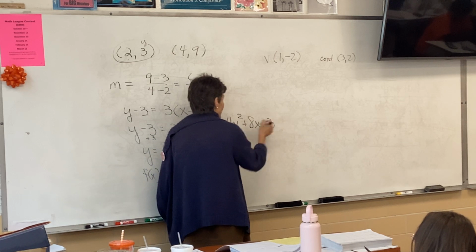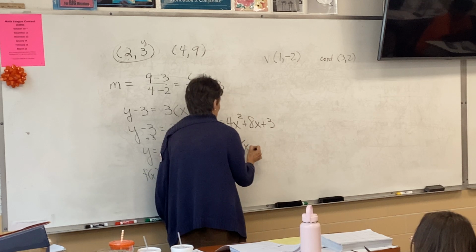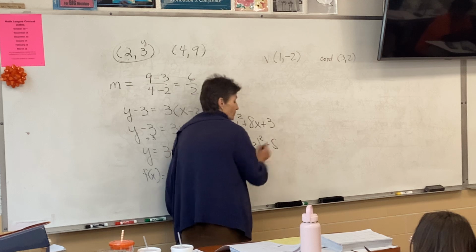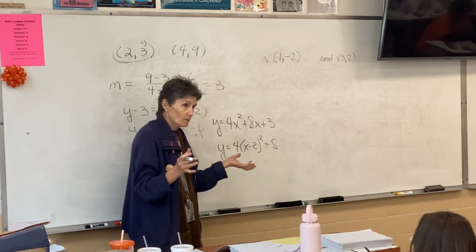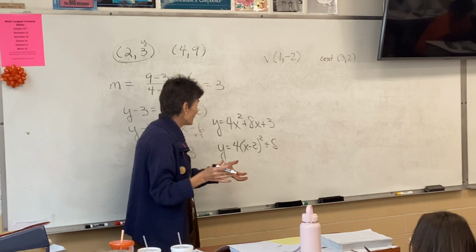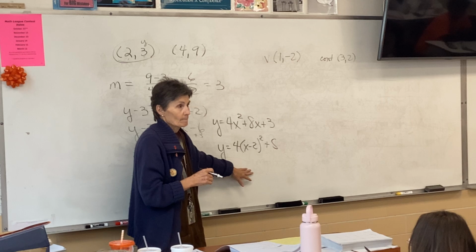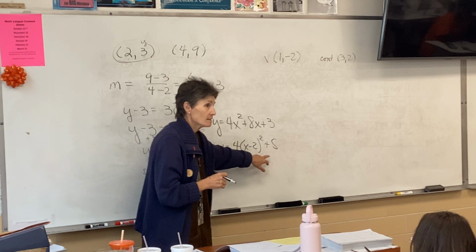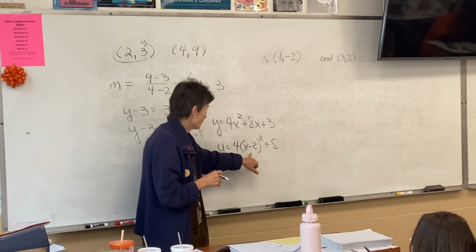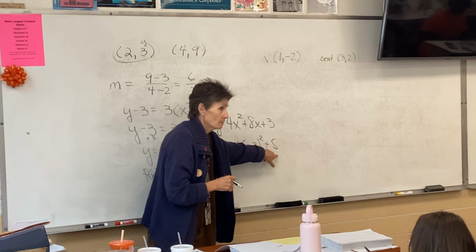But we can write one like this, or we can write one like this. Those are both parabolas, agreed? Just written differently. Now, what is nice about this bottom one? It tells us the vertex. Where's the vertex of this? 2, 5.